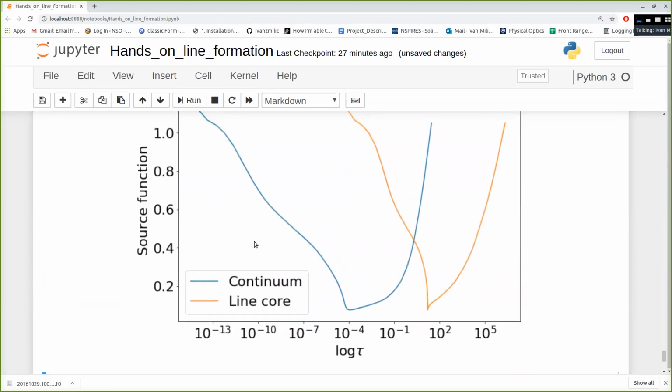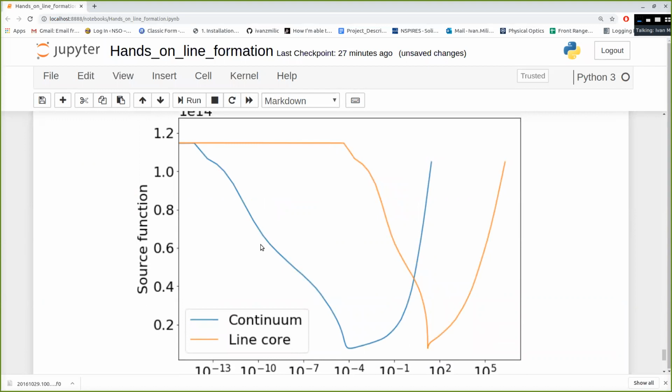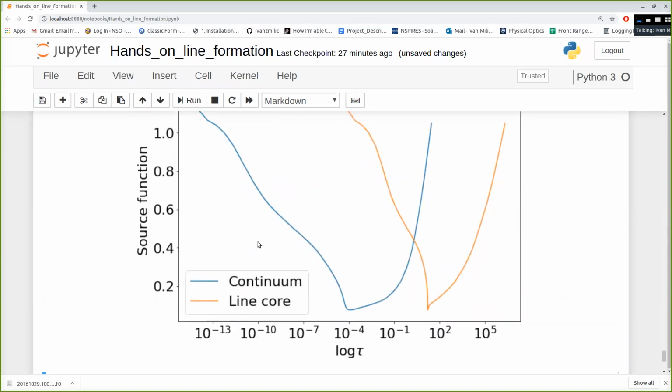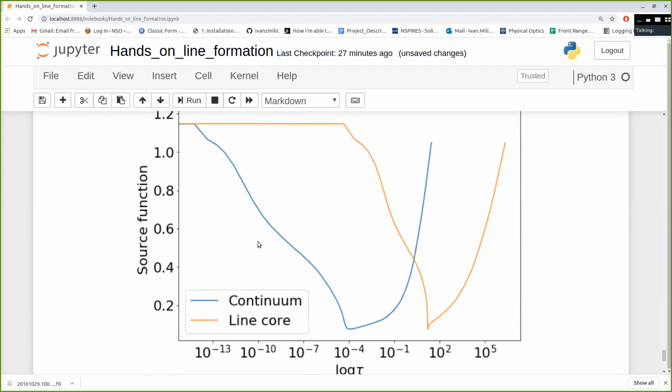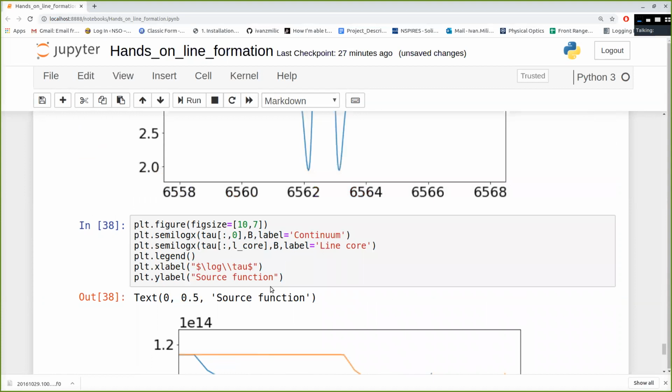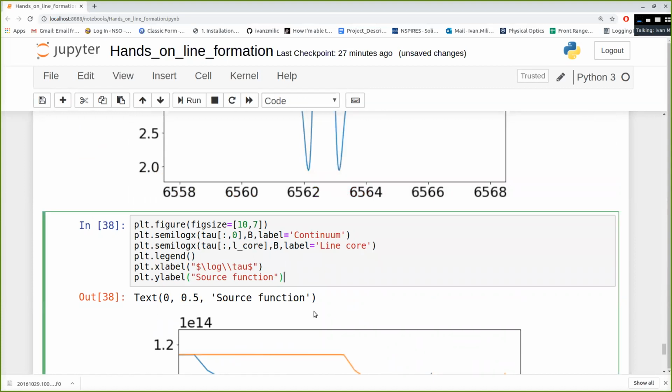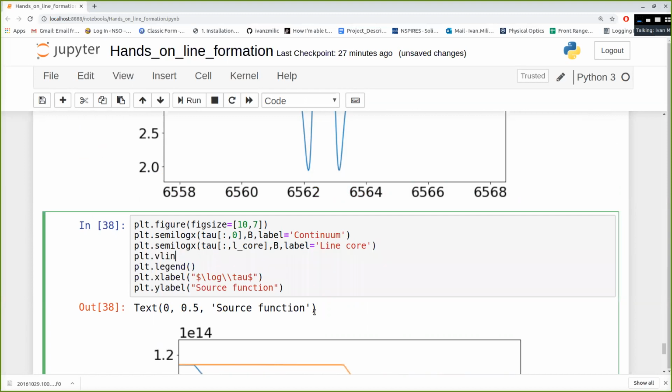Cool. So what I'm going to do now is a vertical line. This is something like this.